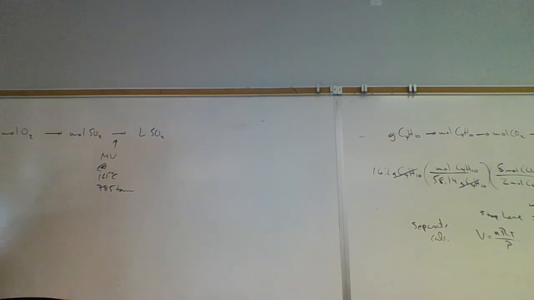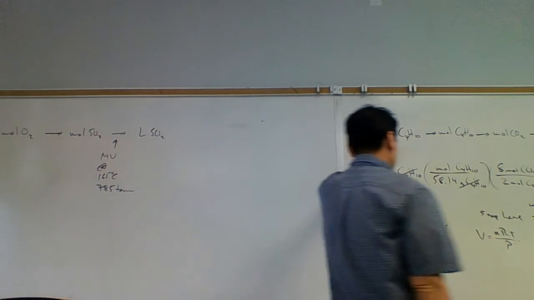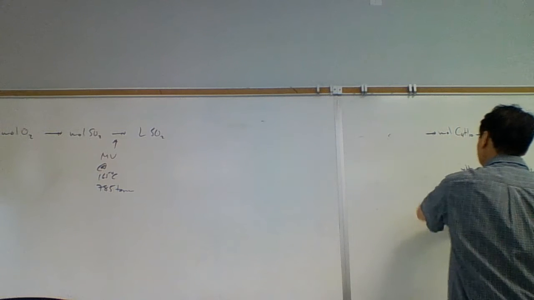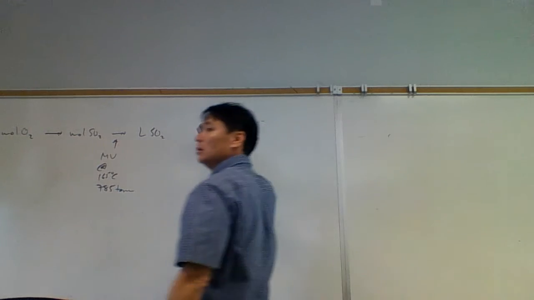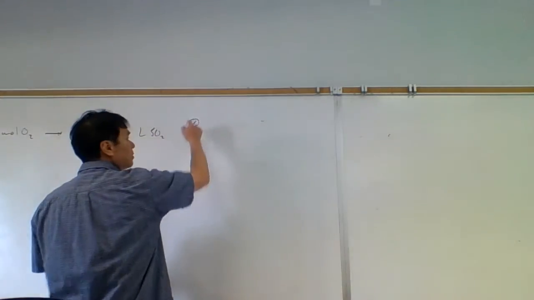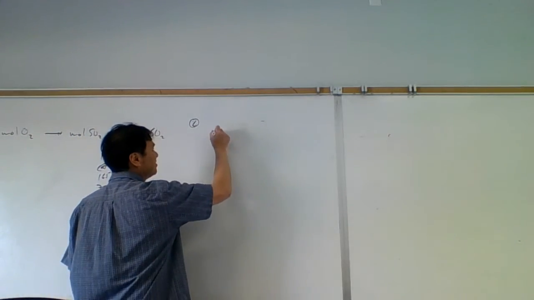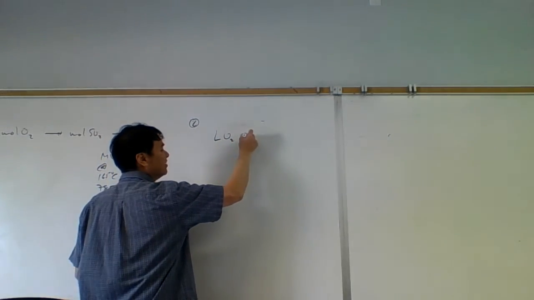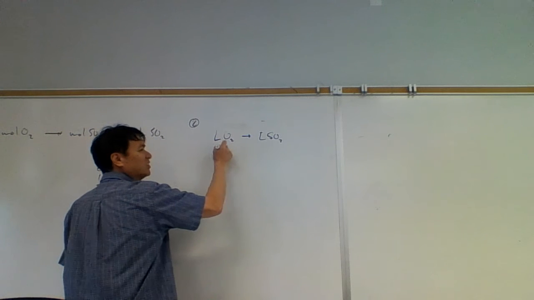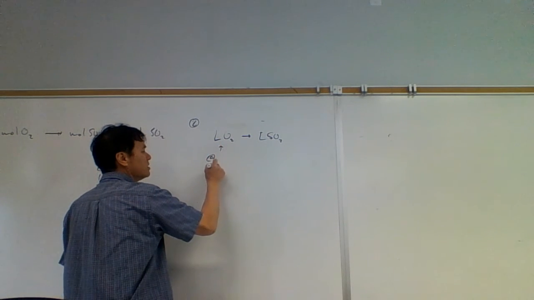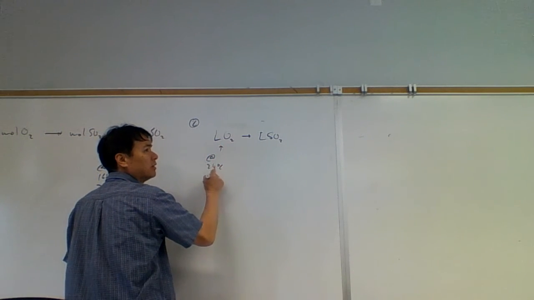Another way of solving this problem is like this. The other way is if we do liters of O2 and go to liters of SO2. The liters of O2 will be at 24 degrees C and 755 torr.